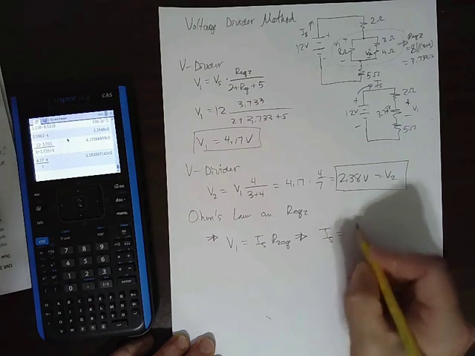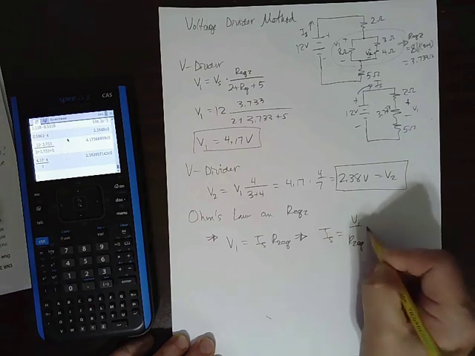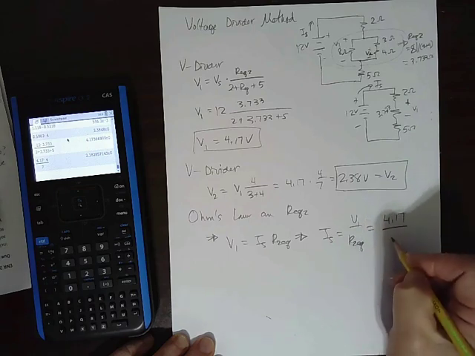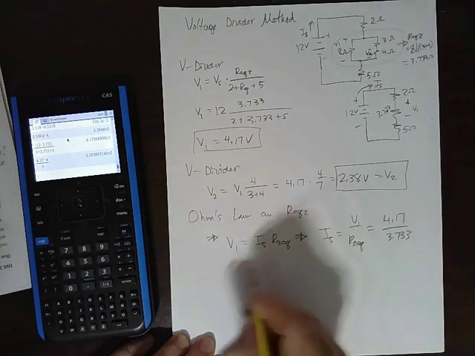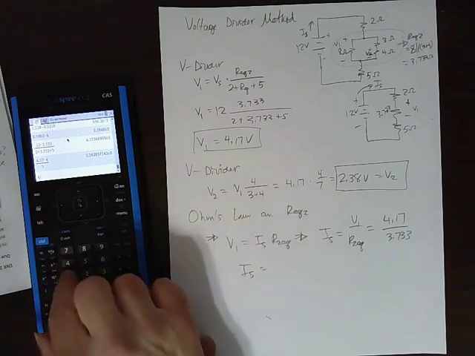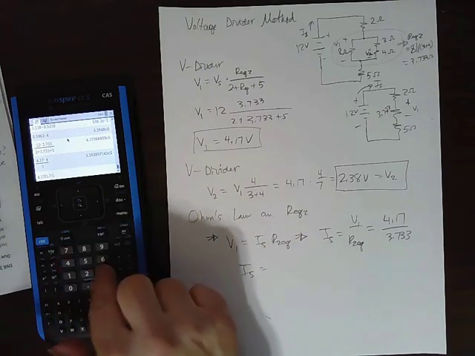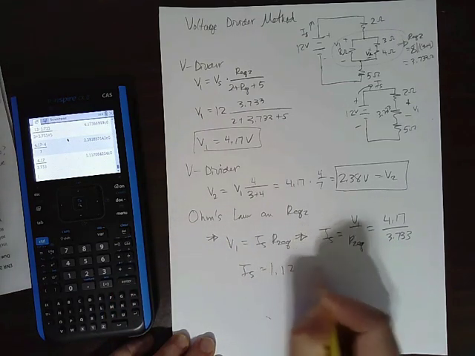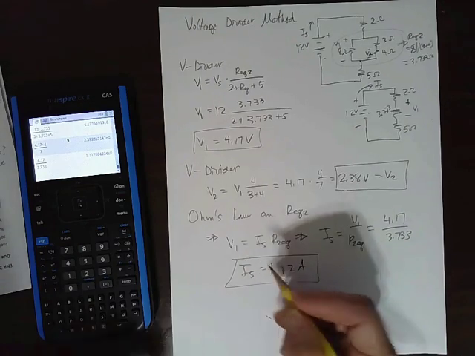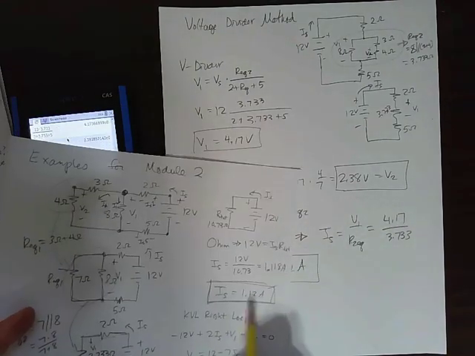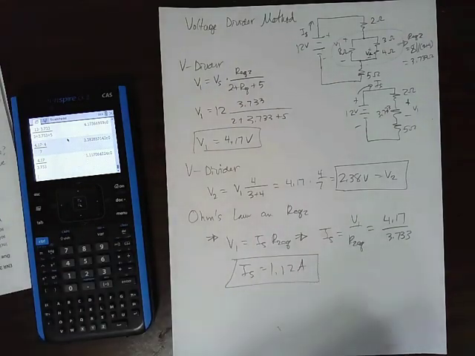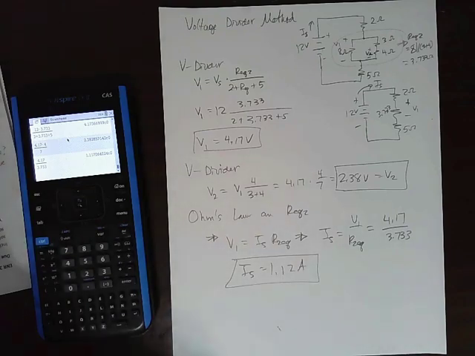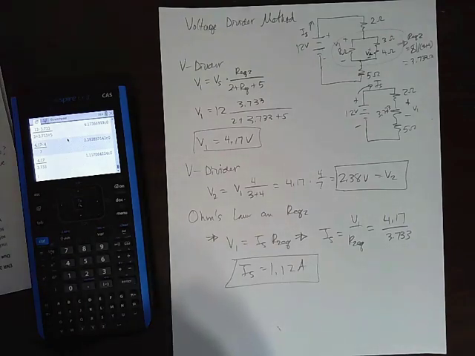So IS must be V1 over R2 equivalent, which is 4.17 divided by 3.733. 1.12 amps. Yay! Same answer. Okay, what do you know? These things work. Okay, so we did it twice, but let's try it another way.